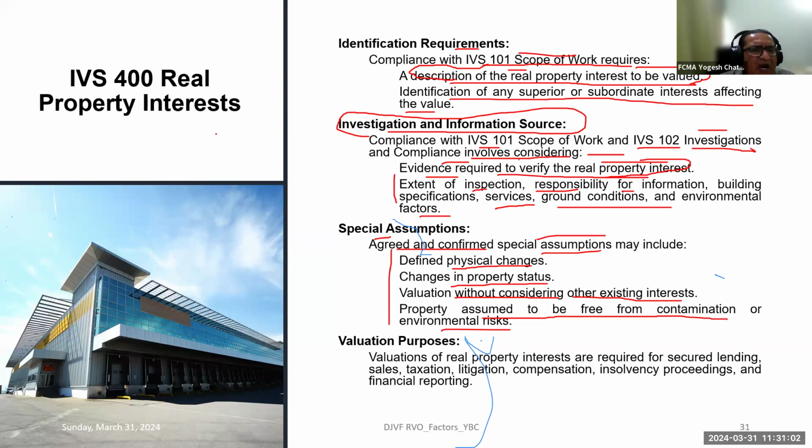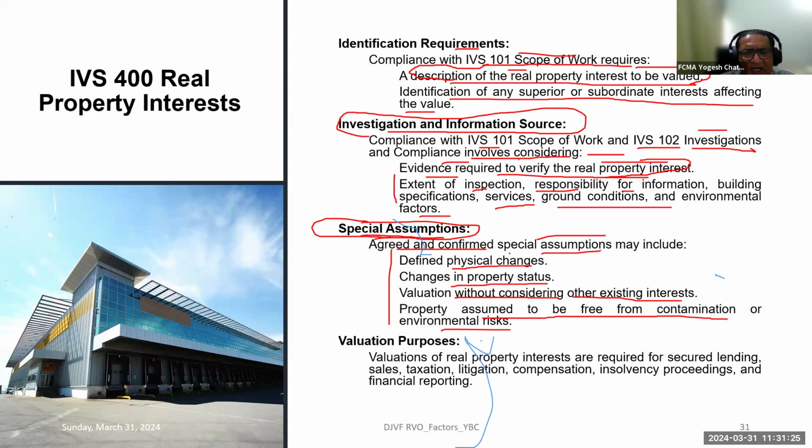So that is part of the appointment agreement. That is one type of special assumption, and it needs to be highlighted in the scope of work, in the engagement letter, and suitably in the valuation report.